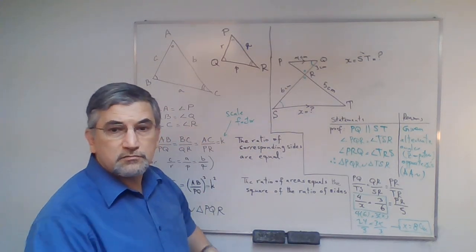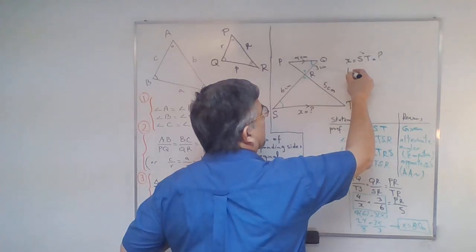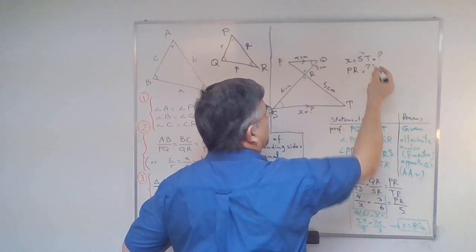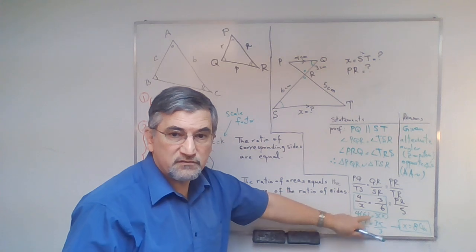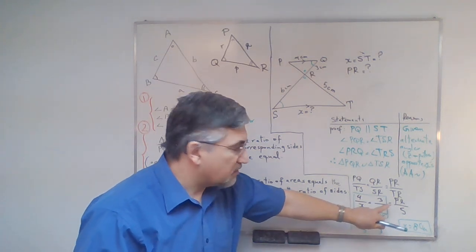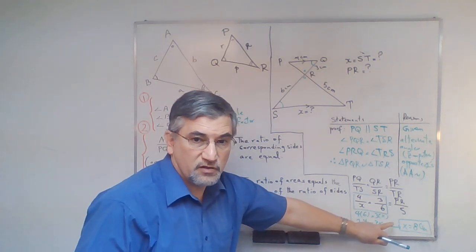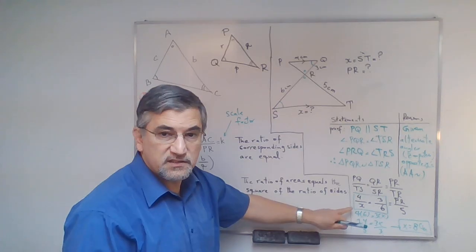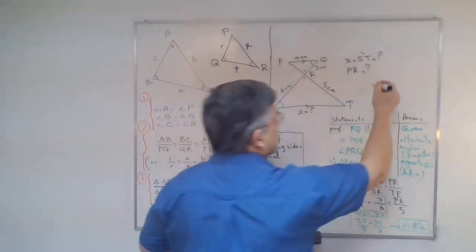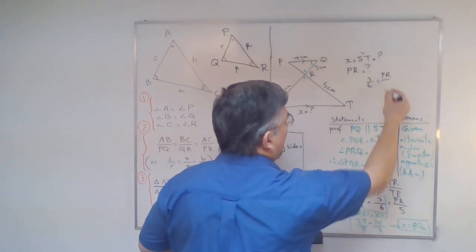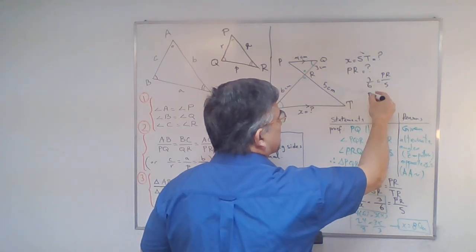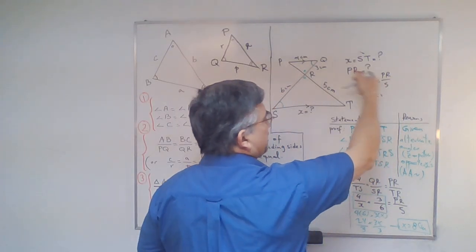So let's add it. Let's say, okay, find side PR as well. This time we're going to take the middle fraction 3 over 6 with the PR over 5 fraction on the right instead of 4 over x. So I can say, okay, 3 over 6 equals PR over 5, and the cross multiplication will give you 15.